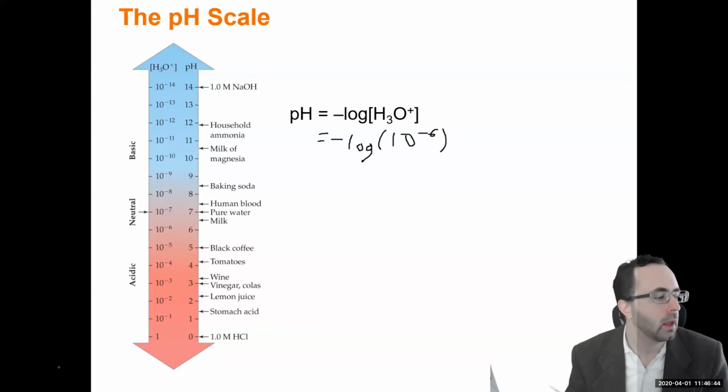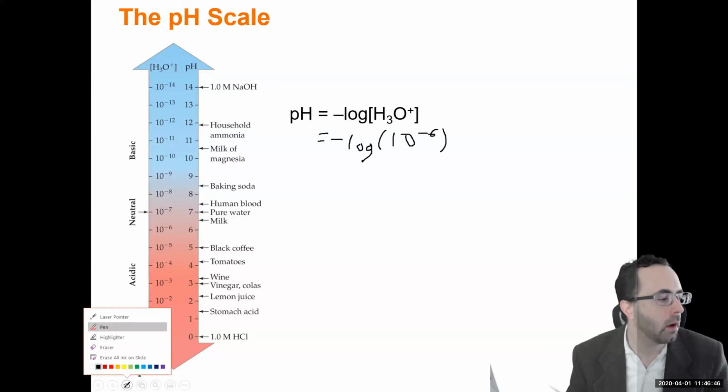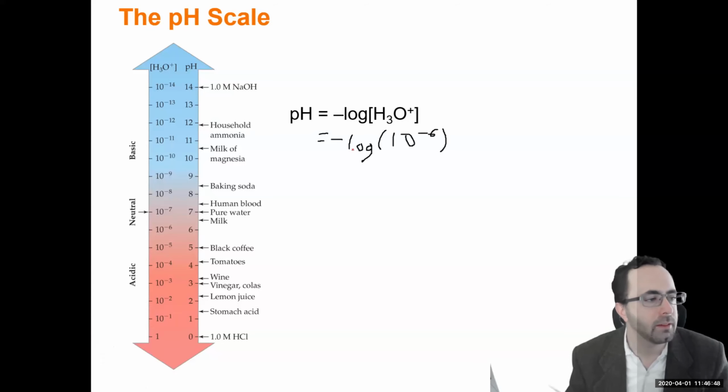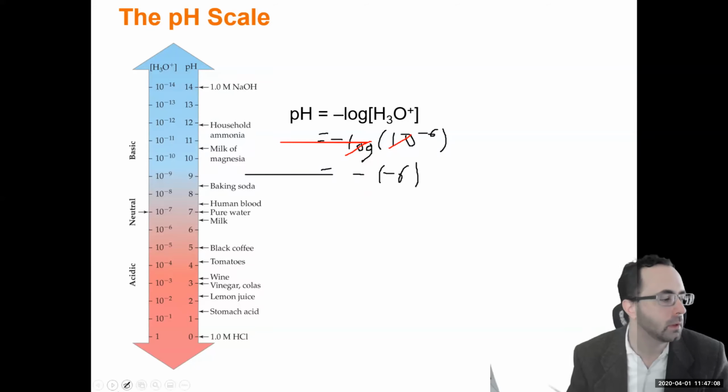And remember what log means here. Log means that we cancel the 10, right? So log is going to cancel the 10. And so then what we've got is equals minus a negative 6, because the log canceled the 10 to the power. And so then the negatives cancel one another. Negative cancels negative. And we get that the pH equals 6.